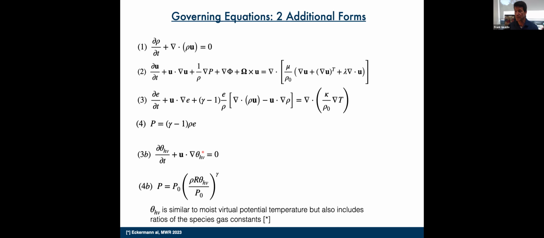But you can also play a similar game by absorbing the gas constants and other things into this variable called theta HV. And I won't talk too much about it, but it does make extending a terrestrial weather model that's based on potential temperature to go to space weather, where you have things like variable gas constants, fairly easy to do. And we wanted to test this equation set. This is an equation that actually was published by Eckermann and colleagues at NRL DC back in 2023.